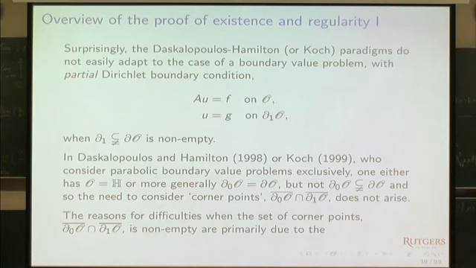Daskalopoulos and Hamilton have a fairly well-known paper on the porous medium equation, regularity of solutions and the free boundary, back in 1998. Koch's habilitation thesis is from 1999. They both considered situations where there is only one kind of boundary, the degenerate boundary. There is no non-degenerate boundary, so no issue of corners or where the two styles of boundaries meet.